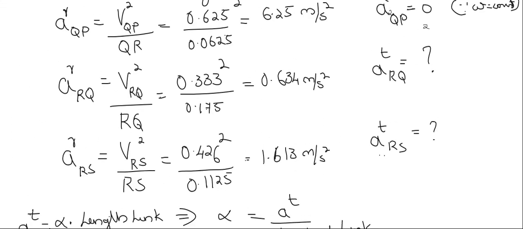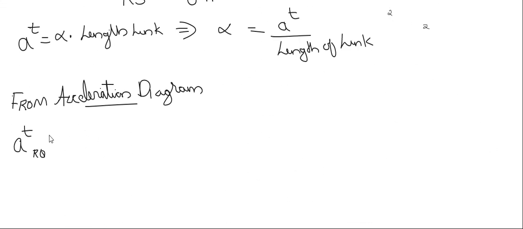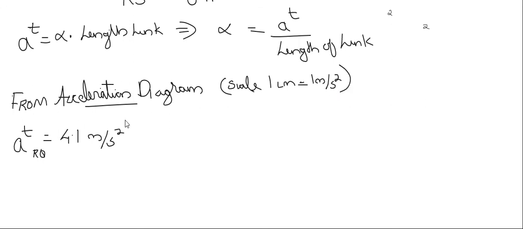We didn't get it, we will get it from the acceleration diagram. So ATRQ will be equal to, you get the length as 4.1 centimeter. So you can convert it into acceleration as 4.1 meter per second square, because we took the scale as 1 centimeter is equal to 1 meter per second square. That is the easiest way to scale it. You can scale it accordingly and you can convert it according to your logic. This is the easiest way to scale when there are decimals involved.